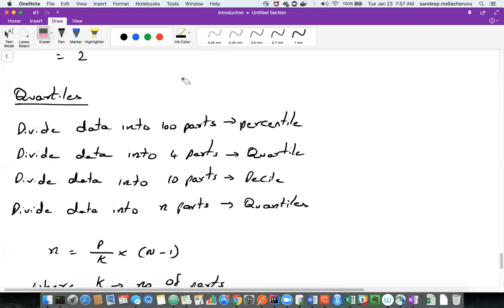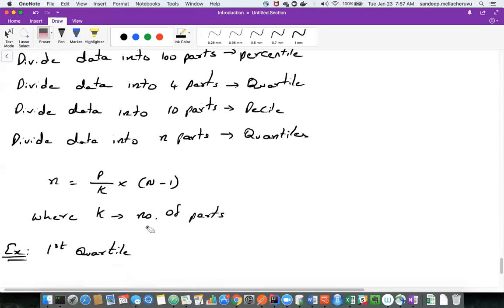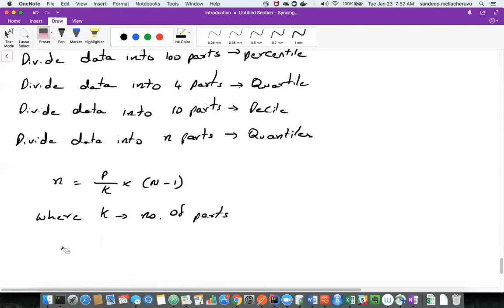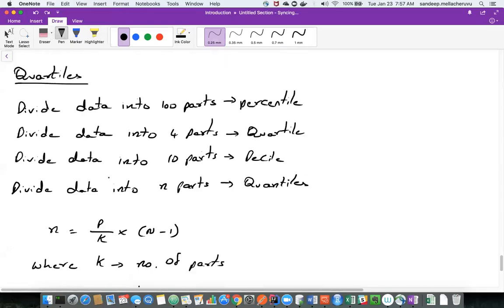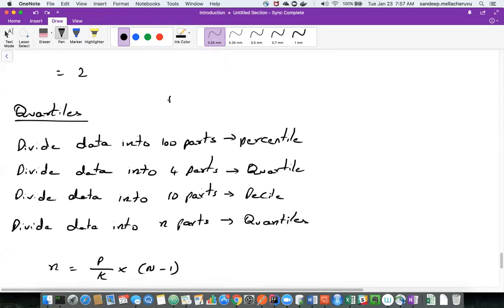Okay, which means here p should be less than or equal to k in this case, right? If p is greater than k, then it is as good as asking for the 5th quartile or 101st percentile.